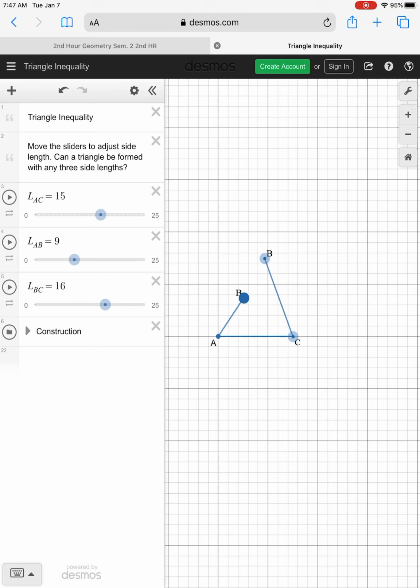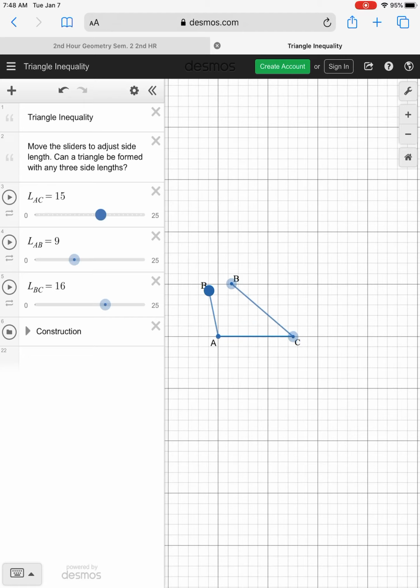If we look at these three numbers, I have an A, B, and a C. If I change these, we can see the lengths change a little bit.